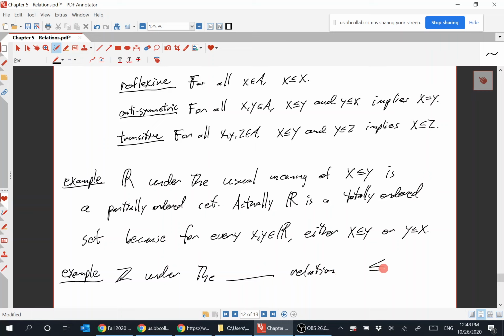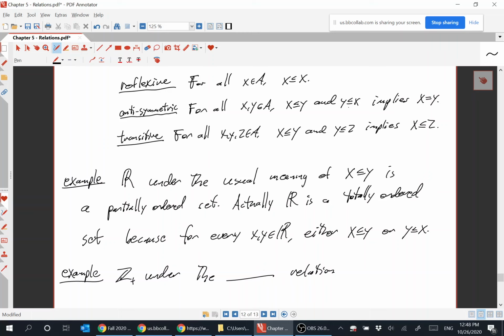Okay, not this, because that's going to be a total order. Where would you get a partial order? I mean, what sort of ordering on the integers? Let's say the positive integers. Forget about the negative ones for now. What sort of ordering on the integers do you have where you've got reflexivity, you've got transitivity and antisymmetry, but you can't always compare integers?